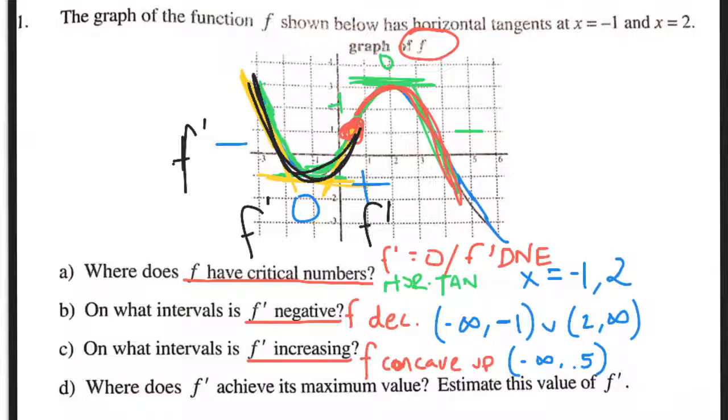So f prime is decreasing on that second, the red interval there. So where does it achieve its maximum? That would be our inflection point, and that inflection point would be at x equals 0.5.